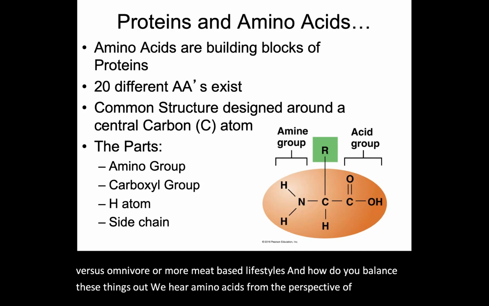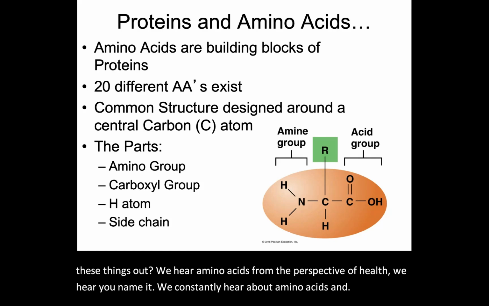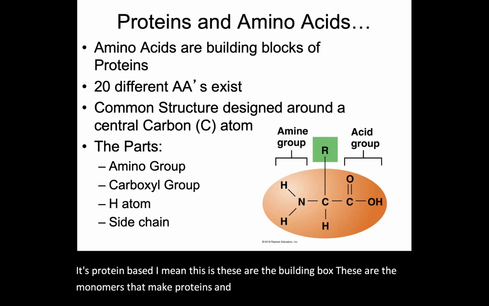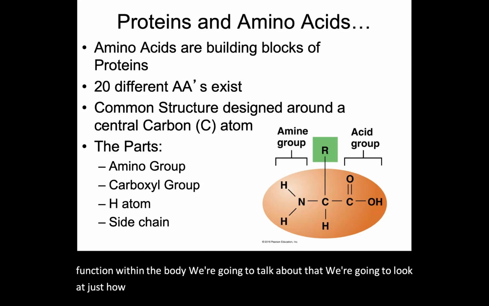We constantly hear about amino acids, and it's protein based. These are the building blocks, the monomers that make proteins. And proteins run and drive and direct every function within the body. We're going to talk about that. We're going to look at just how widespread proteins are throughout the body.